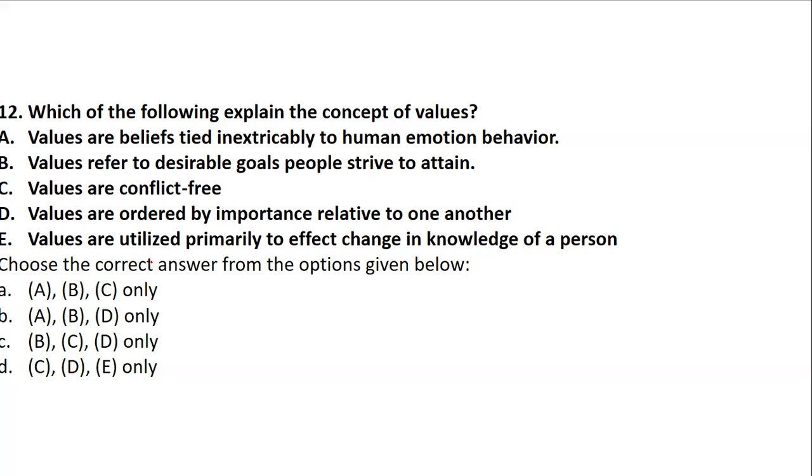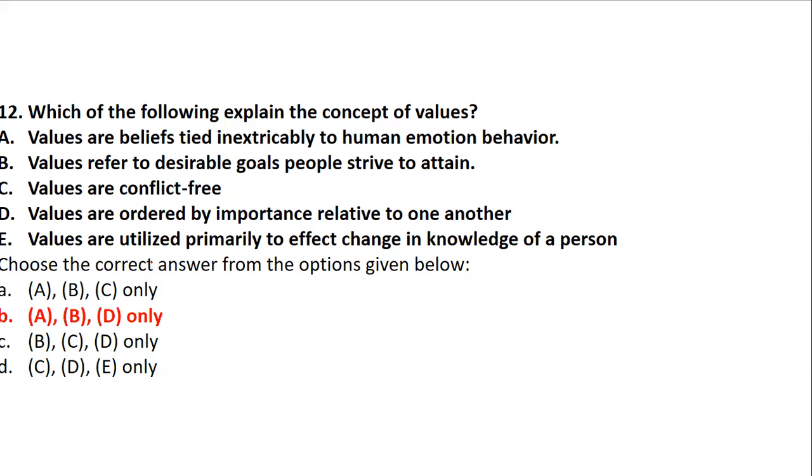Inextricably means it is impossible to separate. Values refer to desirable goals people strive to attain. They are conflict free. They are ordered by importance, or they are primarily utilized to effect change. So which of them stands correct? Yes, let's see what the right answer is. You must have definitely shortlisted. Go with elimination in this, and you will definitely get the right answer.